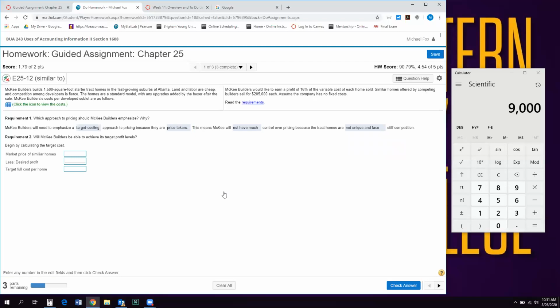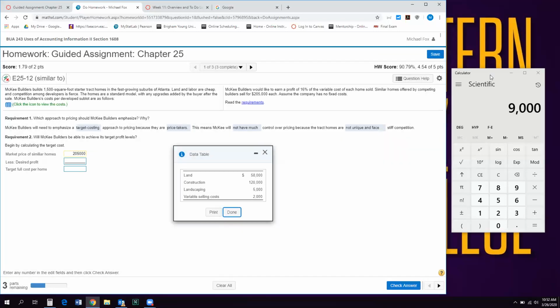All right, so the first question is, will they be able to achieve their target profit levels? We'll start by calculating the target cost. The market price of similar homes is $205,000, and the desired profit is 16% of the cost. So we'll click here to view the costs. The total costs are $58,000 for the land, plus $120,000 for the construction, $5,000 for the landscaping, and $2,000 for the variable selling costs.